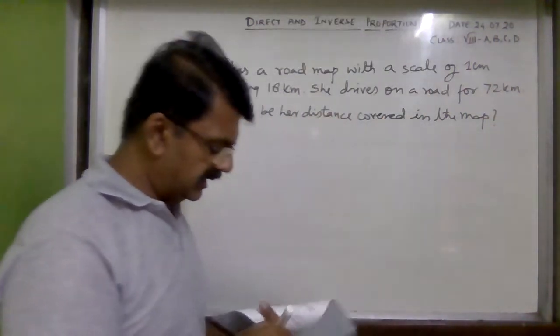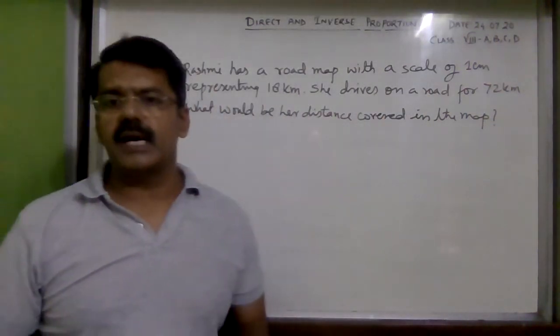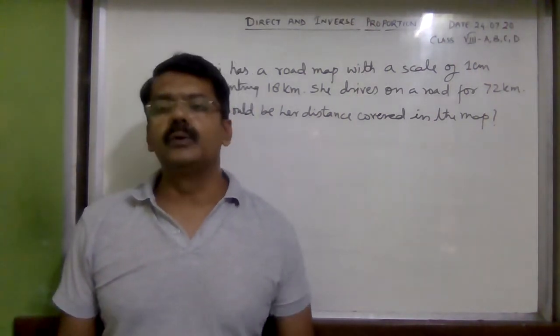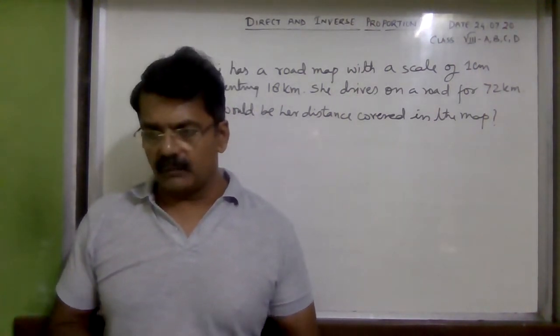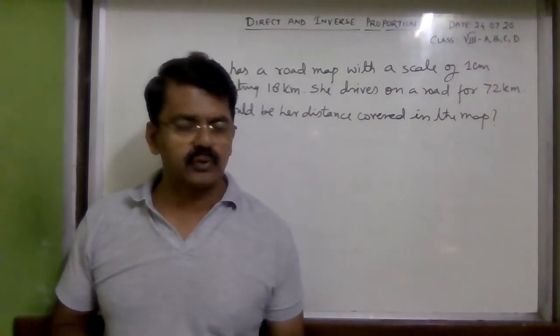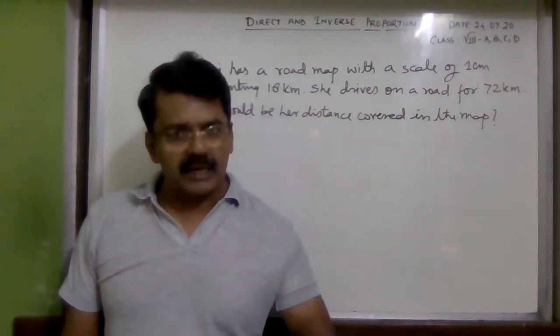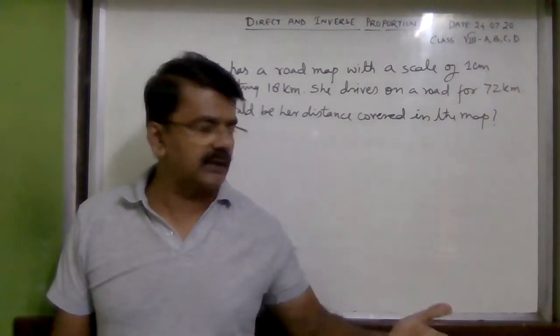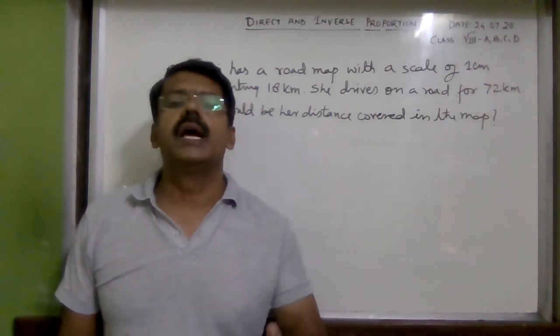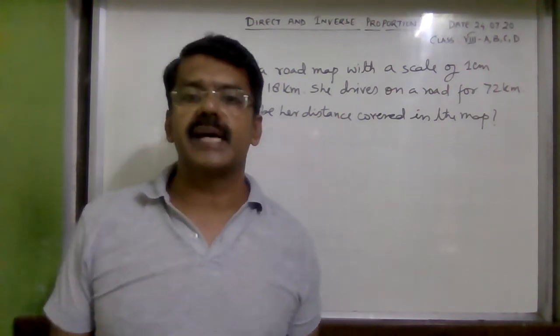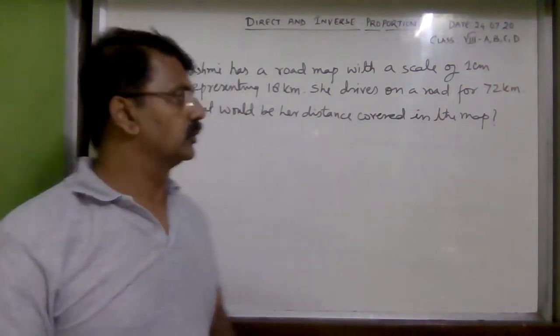Now see, here the two quantities are distance covered on actual road and distance covered on the map. Now you know, if you cover more distance on the actual road, you will cover more distance on the map also. If you cover less distance on the actual road, you will cover less distance on the map also. Means these two quantities are in direct proportion.